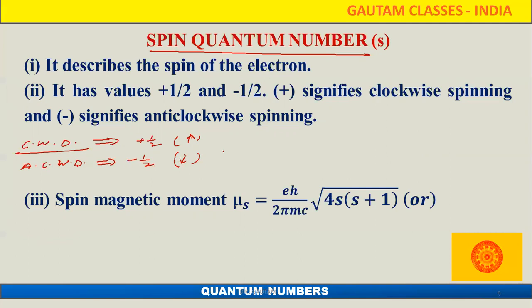So the electron is spinning in two ways, clockwise and anti-clockwise. For the clockwise direction, that is plus 1 by 2, and for the anti-clockwise direction, that is minus 1 by 2. Sometimes they ask about the spin magnetic moment. The formula is the square root of 4s(s plus 1), where s is the total spin quantum number, or we can say the resultant spin quantum number.